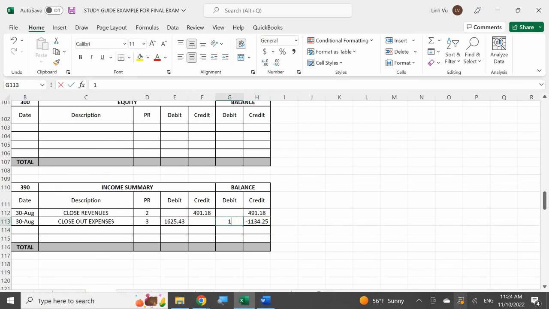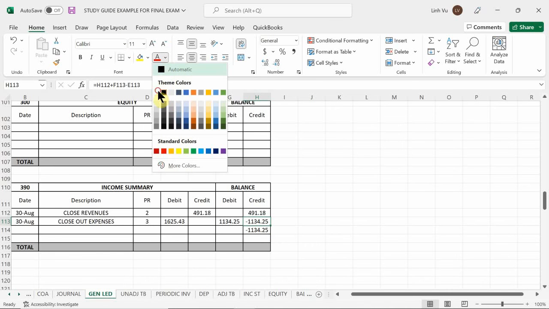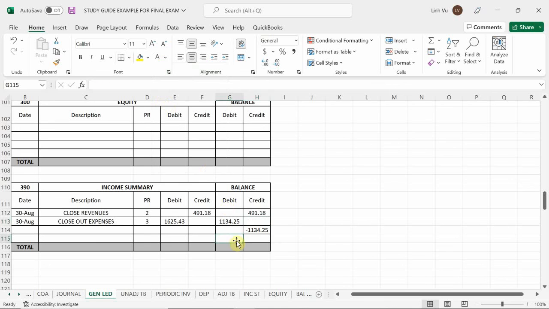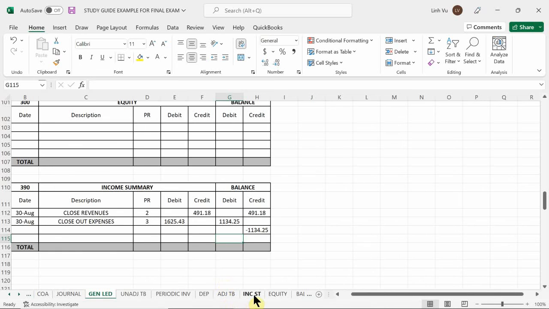That gives $1,134.25 debit balance. I'm going to hide this amount so you can't see it, because it's supposed to be a debit. So I have a debit balance of $1,134.25.